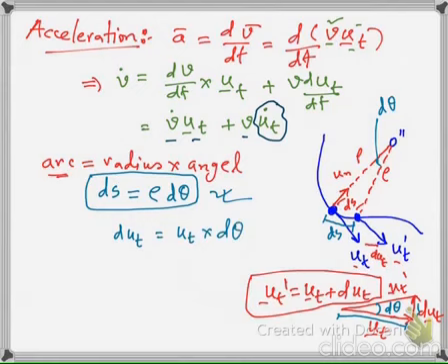Now the magnitude of the unit vector t is 1, so we can write dut equals d theta.